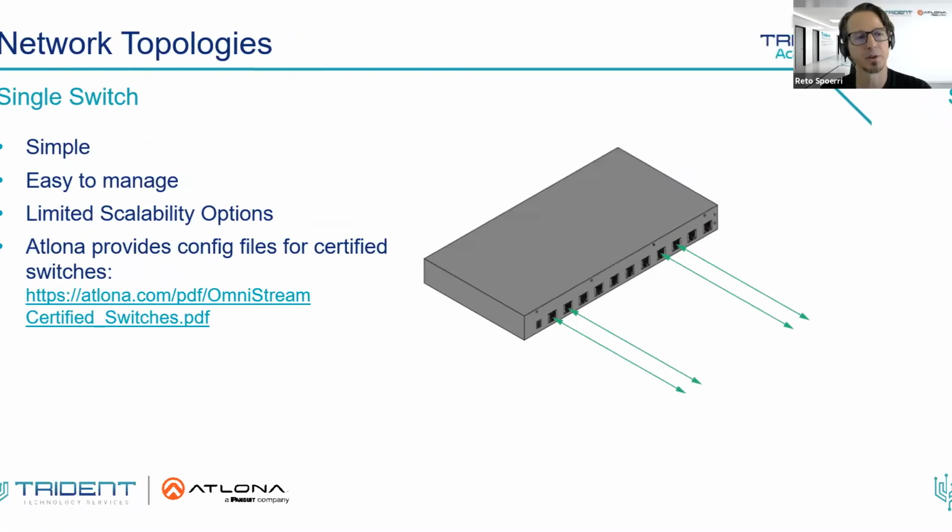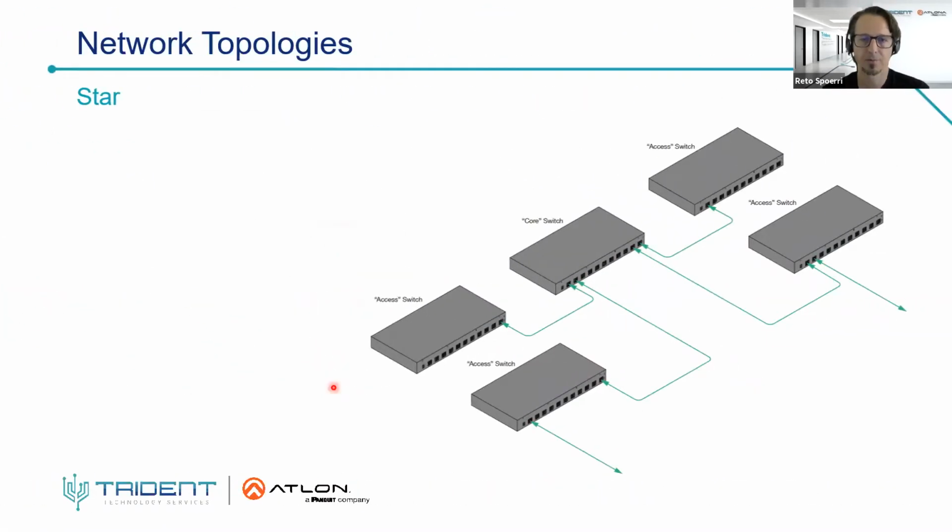So then the next bigger concept is the star. We have one so-called core switch in the center of the star, and then we have the access switches around it. You see each access switch has one direct link to the core switch. So what is the characteristic of an access switch?